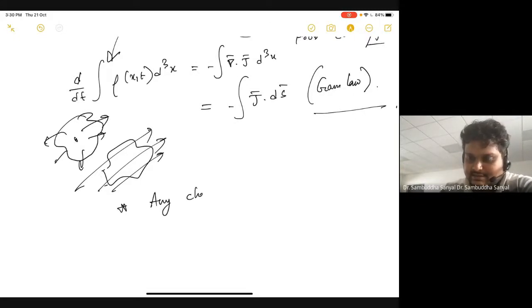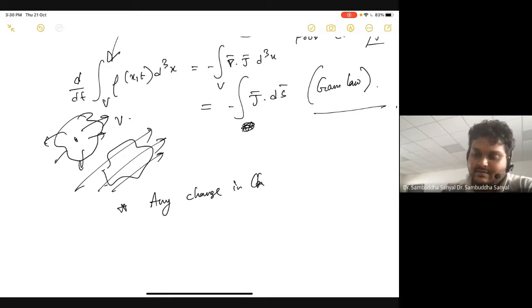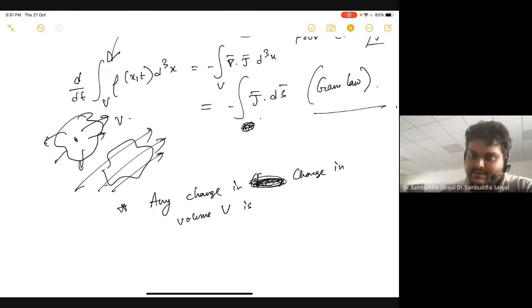Any change in charge. So let's say I have a volume, let's call it some volume V. This is the surface that encloses the volume V. What is the symbol for that? Some round symbol is there. Any change in charge in volume V, now I'm writing in the electrodynamics language, is accounted for by the flow of charge over it.